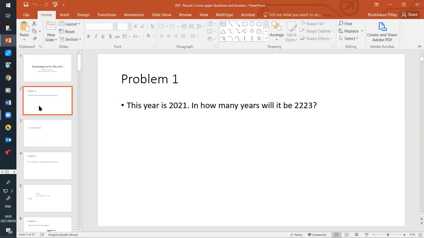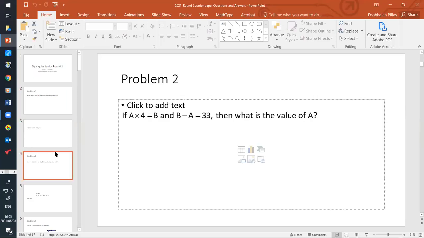Let's go to problem 2. Problem 2 says, if a times 4 equals b, and b minus a is 33, then what is the value of a?